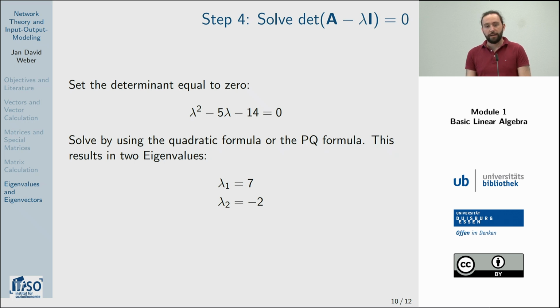So we have 2 eigenvalues now, and one of them is 7 and the other one is -2. To calculate the eigenvectors, we have to do that calculation of the eigenvector for both of those eigenvalues.